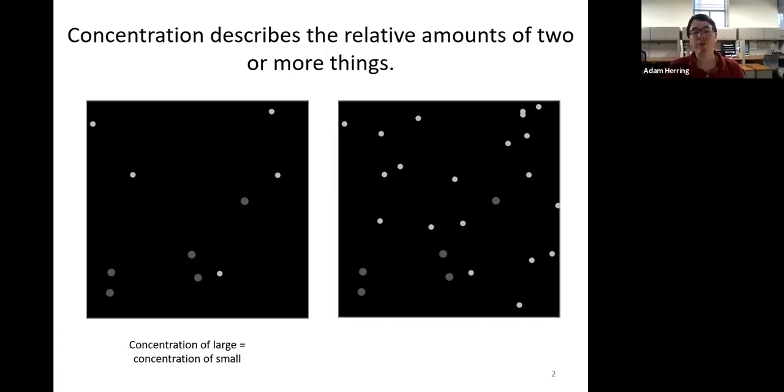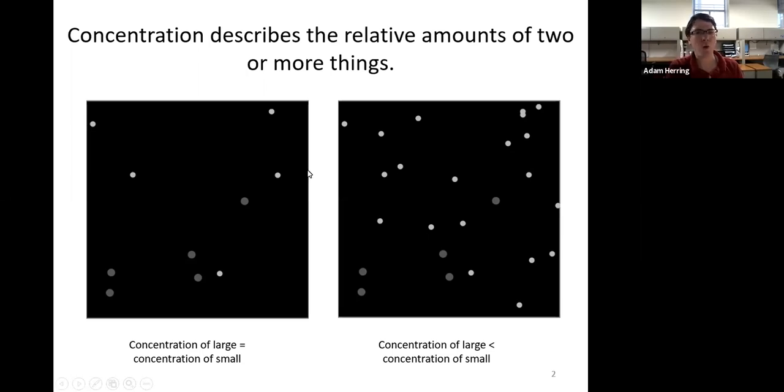There's the same number of them in the same volume. However, in the box on the right, you can see that there are many more small spheres than there are large spheres. And so the concentration of the small spheres is larger. So that's kind of a qualitative description of concentration.